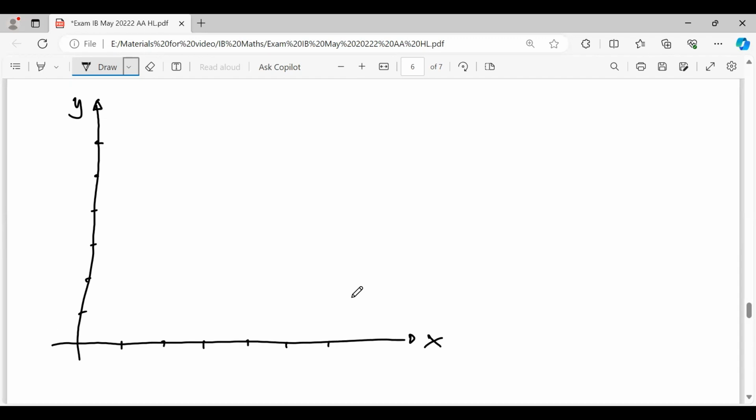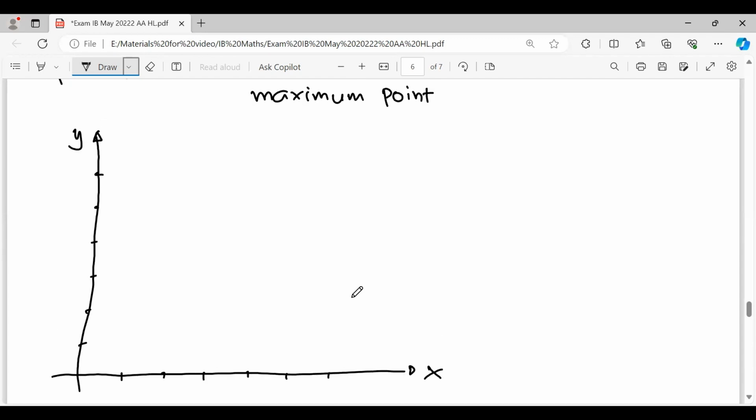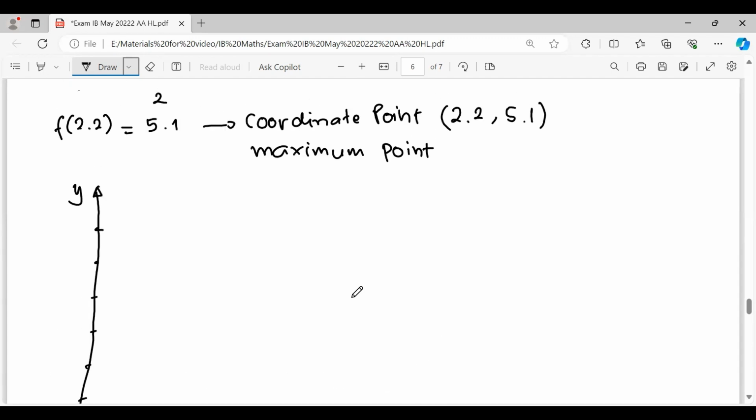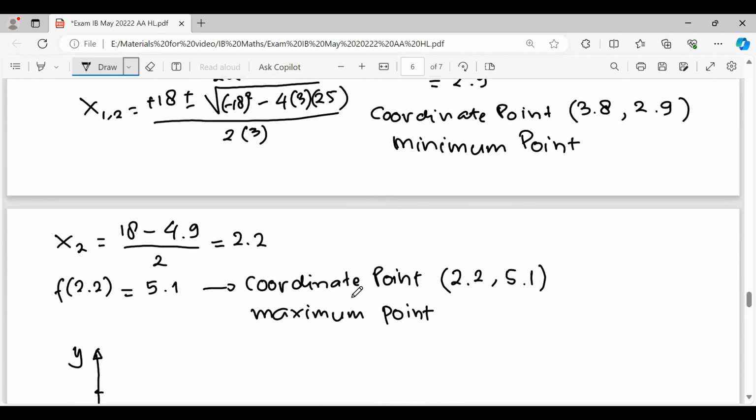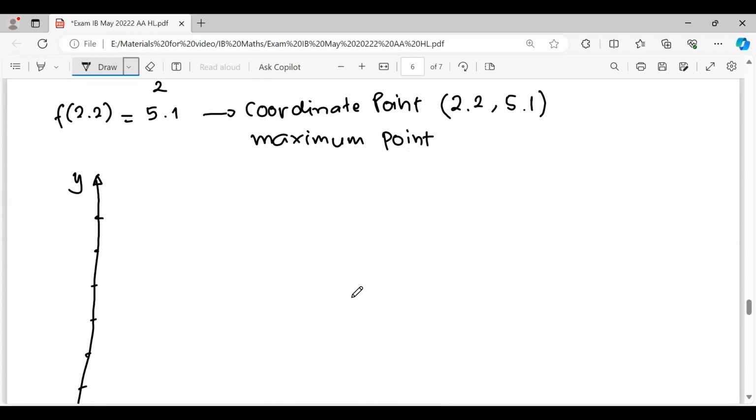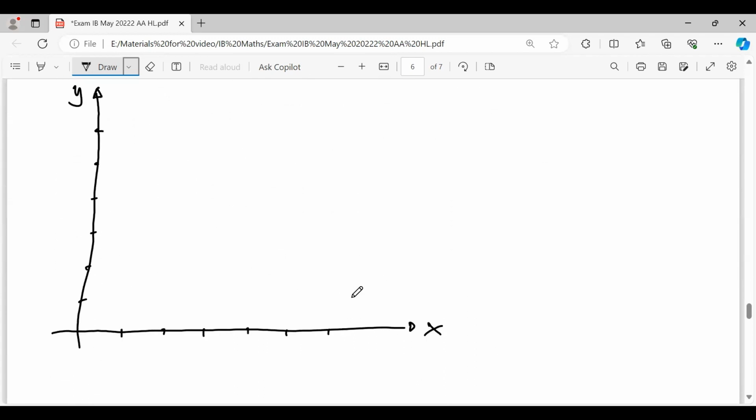Right. So first we have to find the minimum point 3.8, 2.9. 3.8 and 2.9 around here.